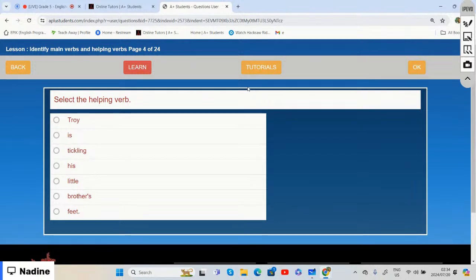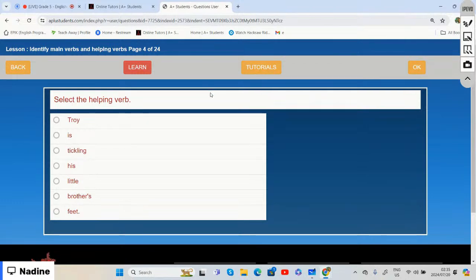Troy is tickling his little brother's feet. We need to select the helping verb. This is quite easy.